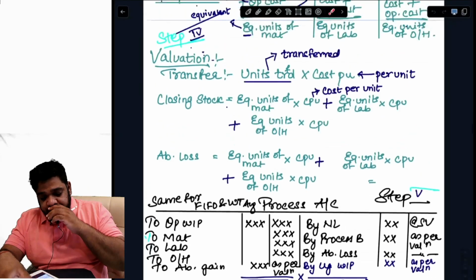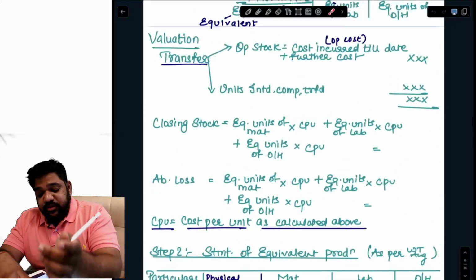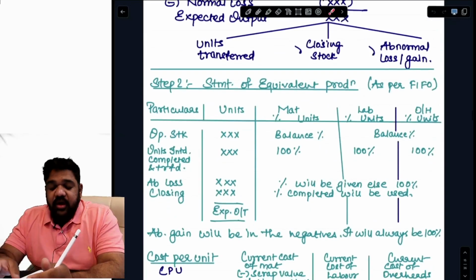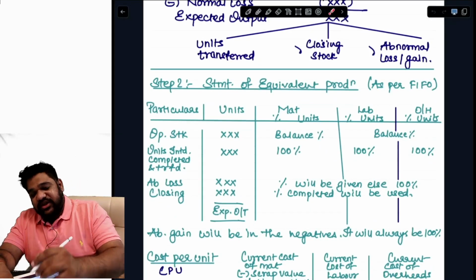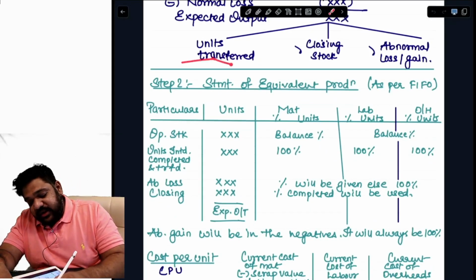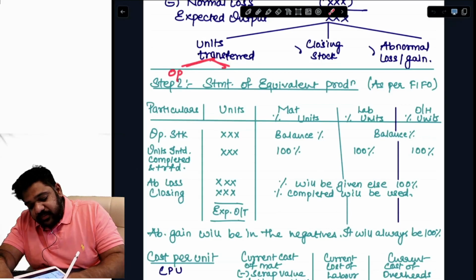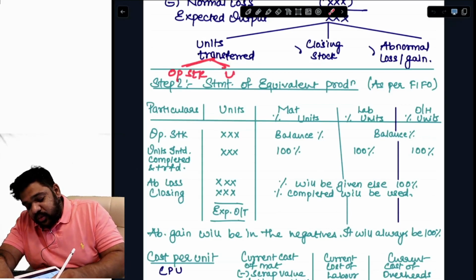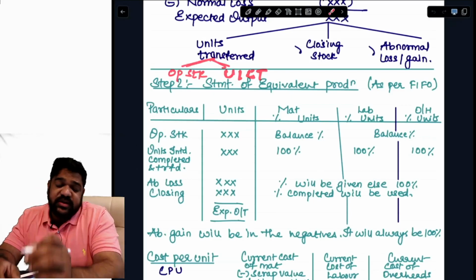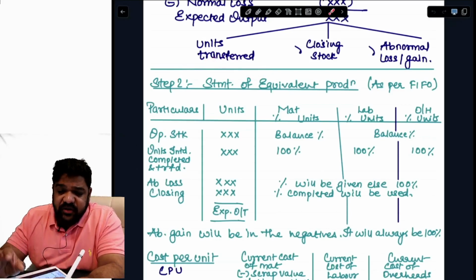Now, when it comes to FIFO, the only extra thing that you will be doing is that in the units transferred, you will have opening stock and UICT. I am repeating, UICT stands for units introduced, completed and transferred.